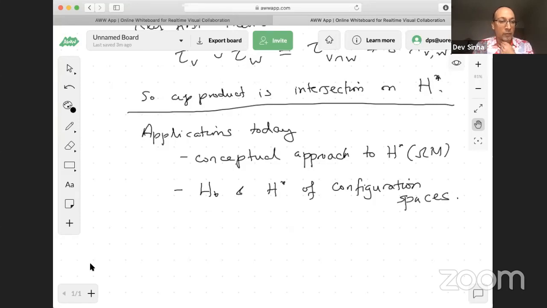Is there anything you can say of why I want to use cochains and Thom forms instead of always working with chains and transversal intersections? Yeah, a little bit. Part of this will come in the configuration spaces. My first answer here will be more philosophical than mathematical, namely that often if you've got an interesting space, the geometry that's indigenous to homology and the geometry that's indigenous to cohomology aren't necessarily the same.